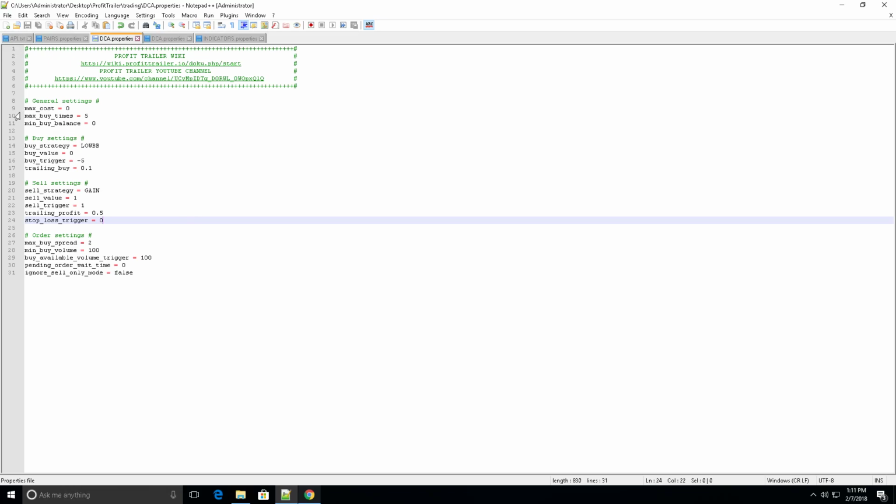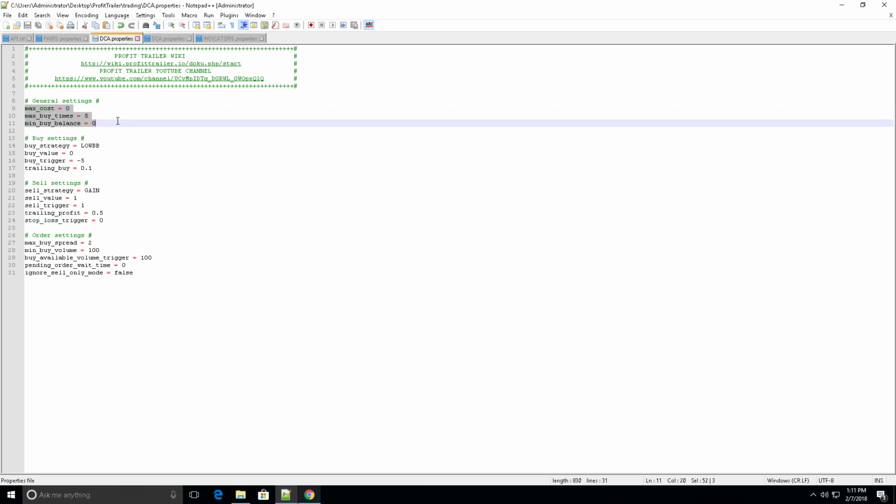All right, so let's start with these three settings right here. These settings are protection parameters to avoid ProfitTrailer using all of your account balance.